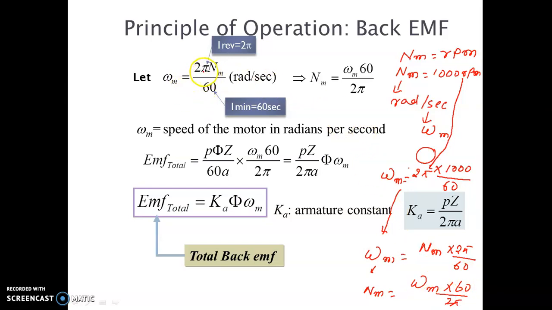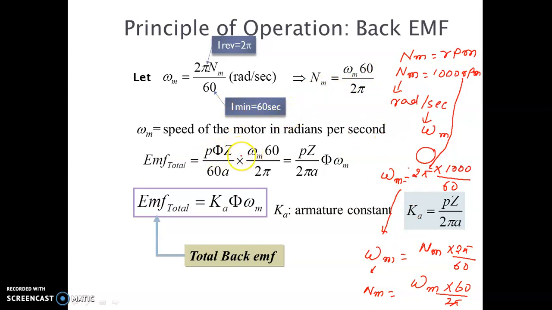Omega m is 2 pi multiplied by Nm divided by 60. And if you want Nm, it will be omega m multiplied by 60 divided by 2 pi, since 1 minute equals 60 seconds.